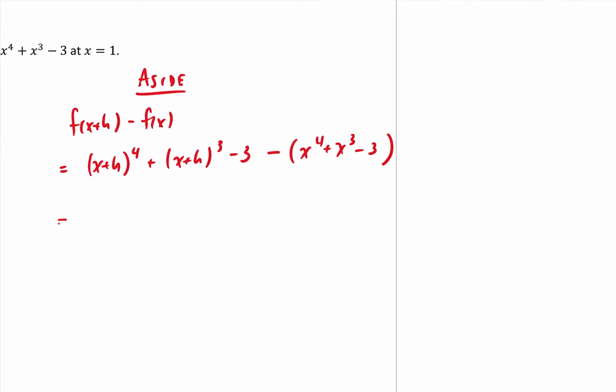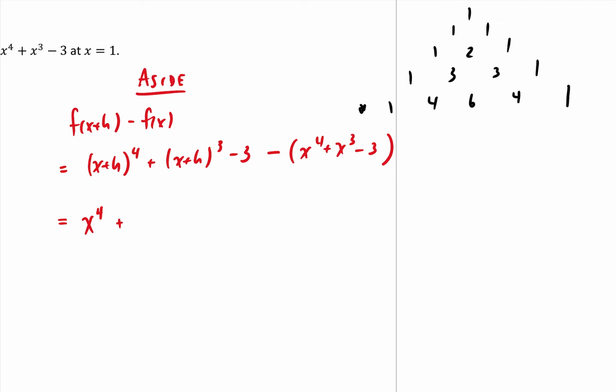Now for this one, to expand it quickly, we should use Pascal's triangle. Remember, Pascal's triangle looks something like this. Notice we need up to row number 4 to expand our x plus h to the fourth. So starting with row number 4, our first coefficient is 1, so we're going to get x to the power of 4.